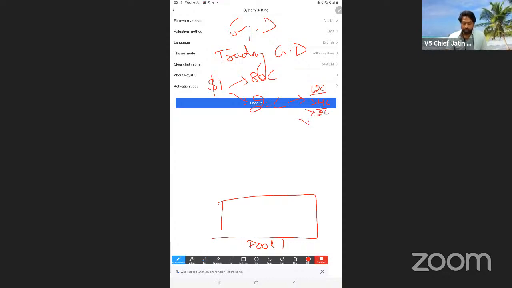So 2 cents are left in this 20 cents. These 2 cents, or 2% of everybody's trade, whether it is you, me, leader Julius or leader Doris, Royal Q deducts and adds into a pool. For how long? For 1 month.